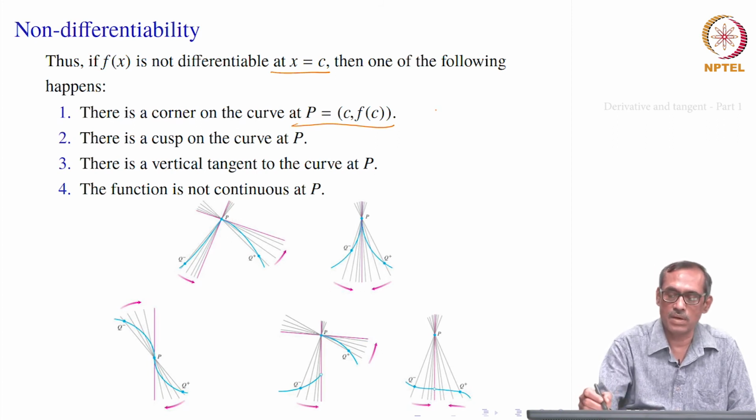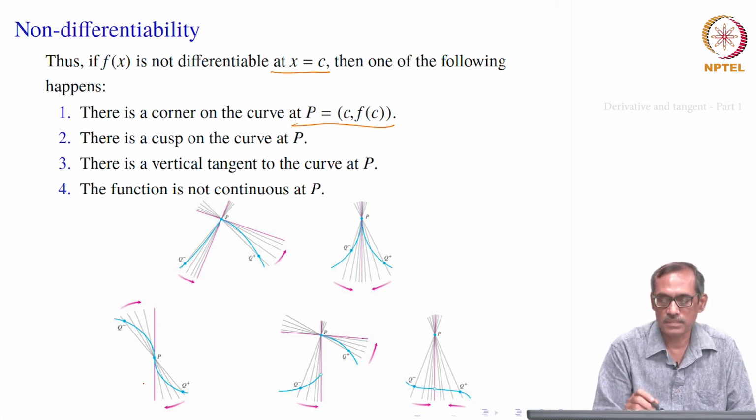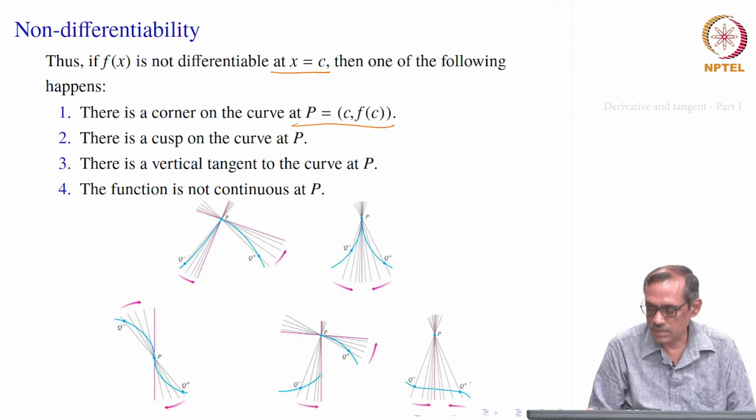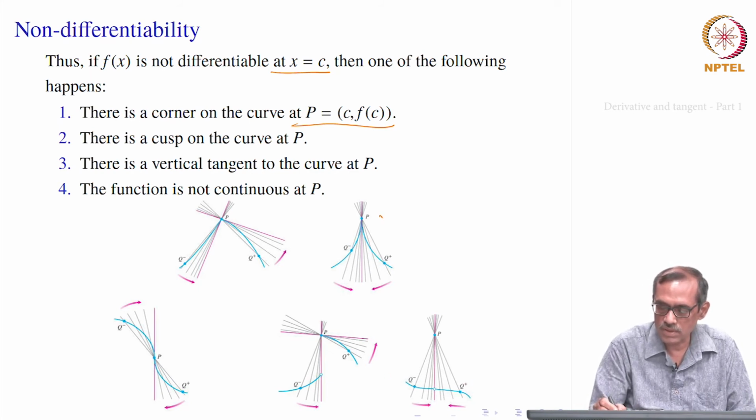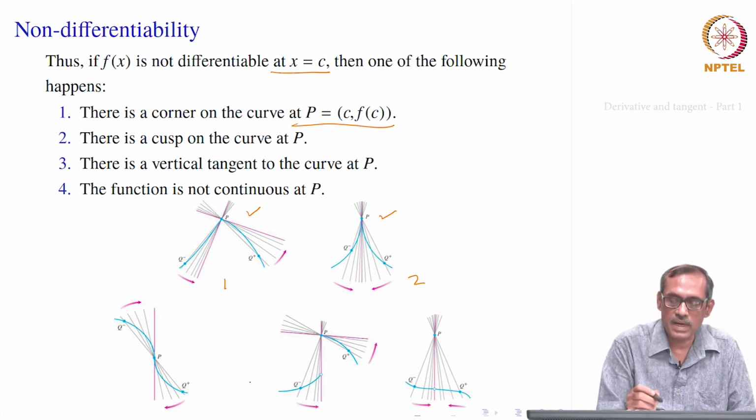It happens like in y equal to mod x. There is a corner on the curve at that point, say on mod x, at x equal to 0, there is a corner. Or there can be a cusp like your earlier x to the power 2 by 3. So, there what you get? Something like a cusp, which is this case. There can be a corner, first case, or this can be the second case, a cusp, as we have seen there. Or there can be a vertical tangent to the curve like x to the power 1 by 3, as we have seen here in the third one.